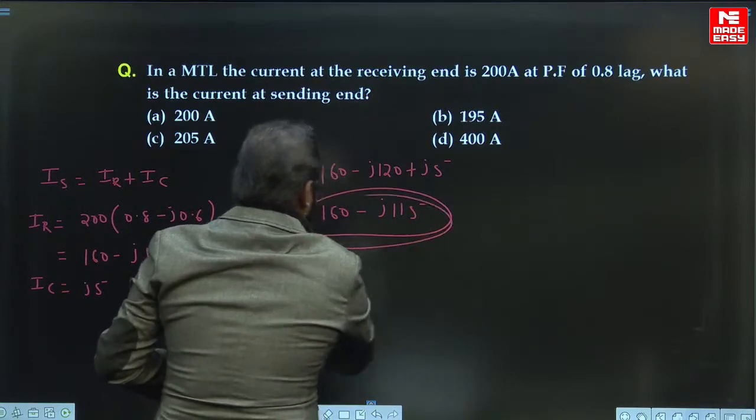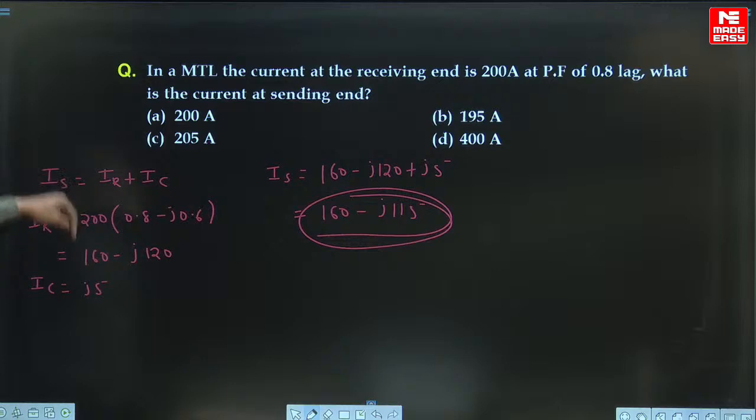That means this combination is definitely less in magnitude than IR.